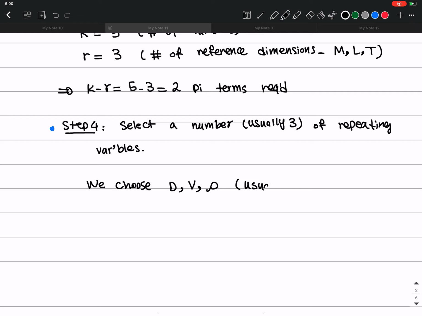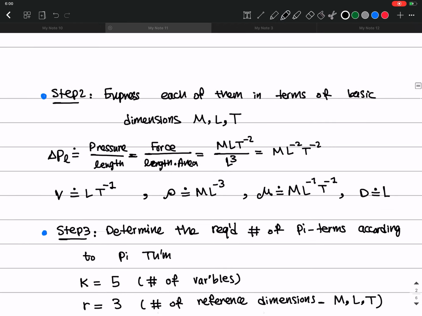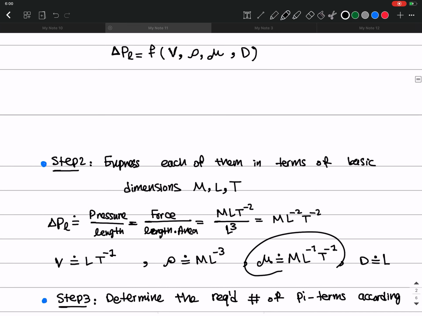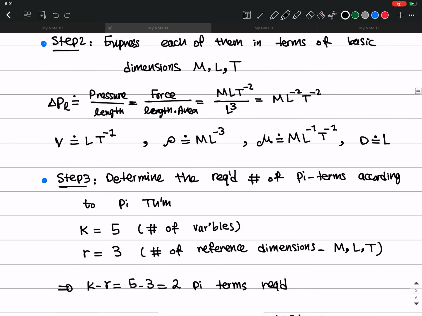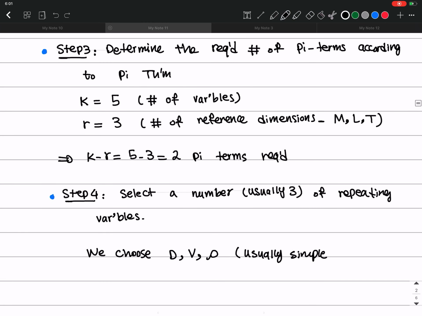It should usually be the simplest variables. We don't want to go with viscosity, which has more complicated dimensions. This is going to make our calculations simpler. So the simplest variables, and not the dependent variable delta PL.